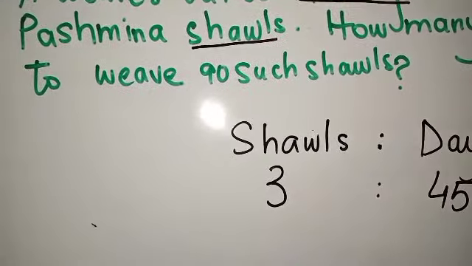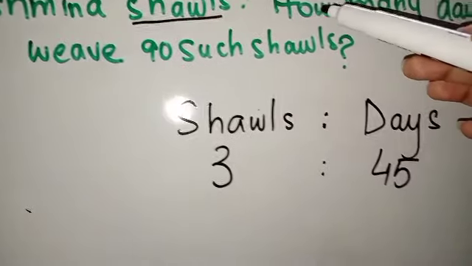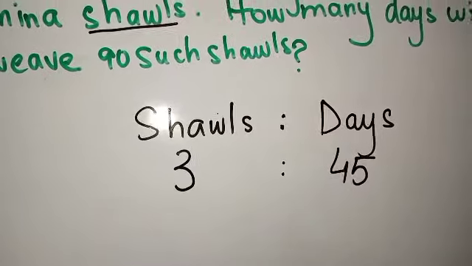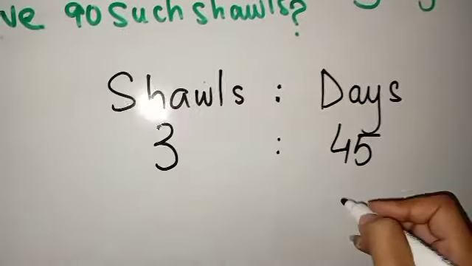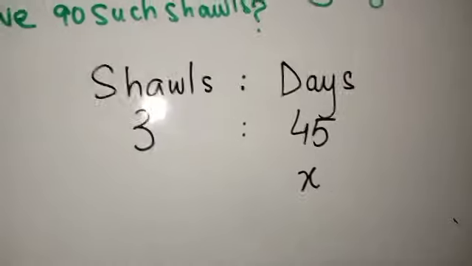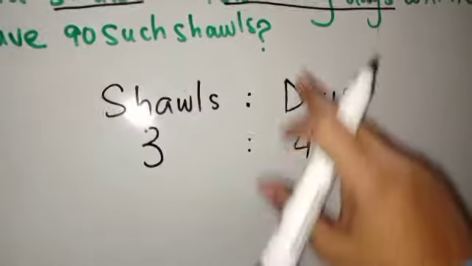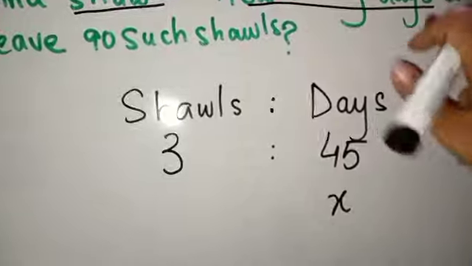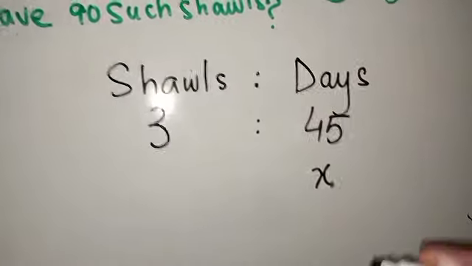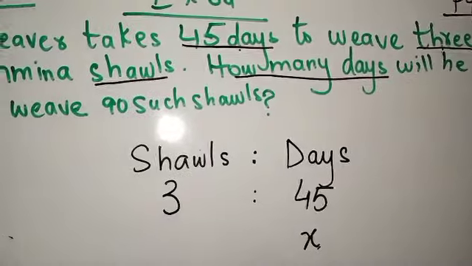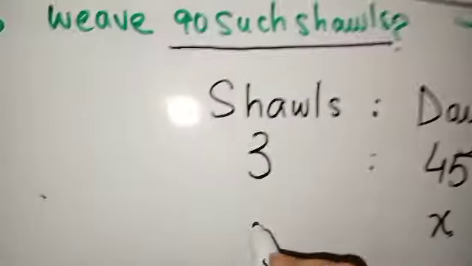So 3 shawls he will weave in 45 days. Secondly, they asked us how many days will he take. It is simply X. Whatever is unknown, you write X. We do not know how many days it will take, so we just write X over here, to weave 90 such shawls.